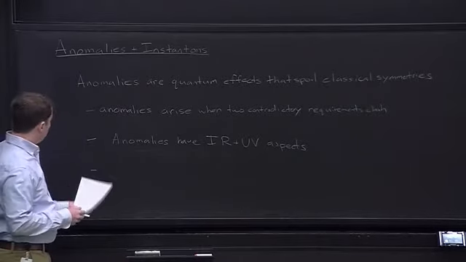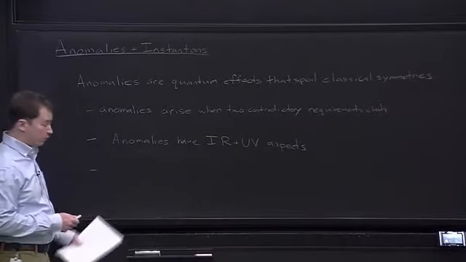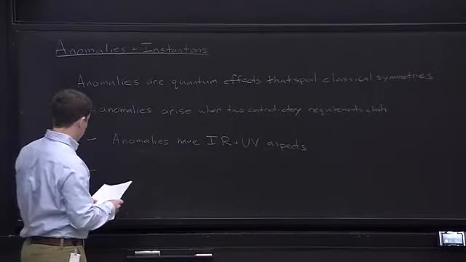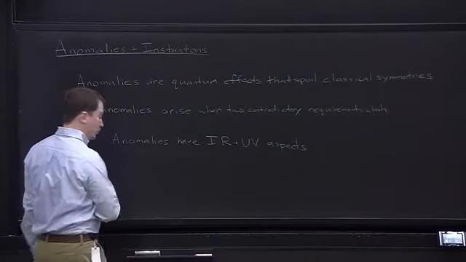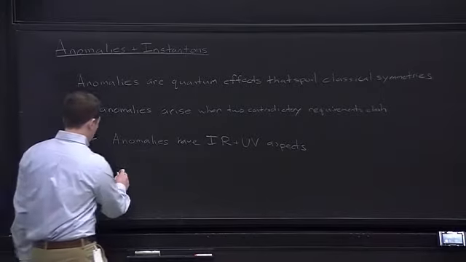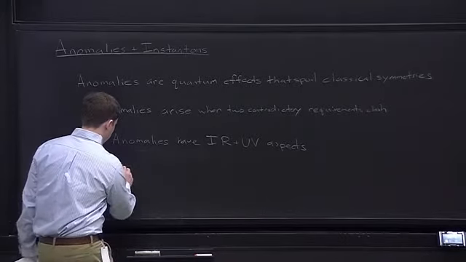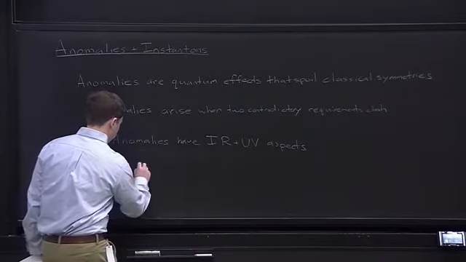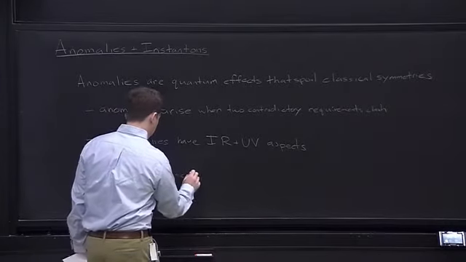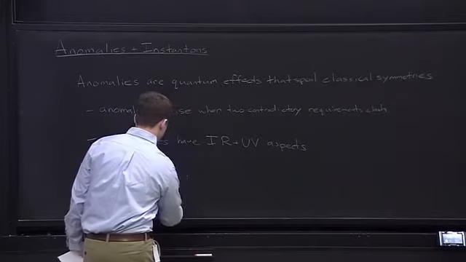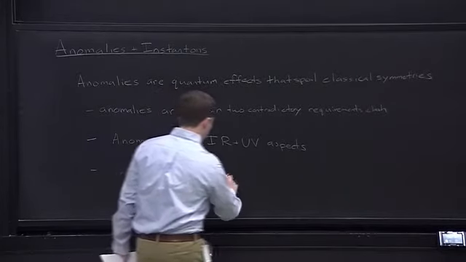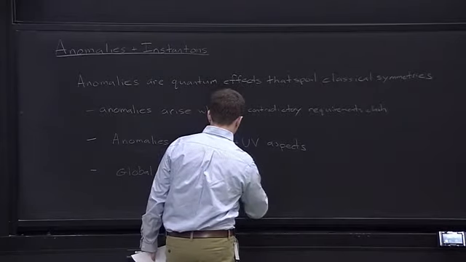A final point before we start to go through this example is that there are two different types of anomalies. We can have a global symmetry that becomes anomalous, or we can have a gauge anomaly.